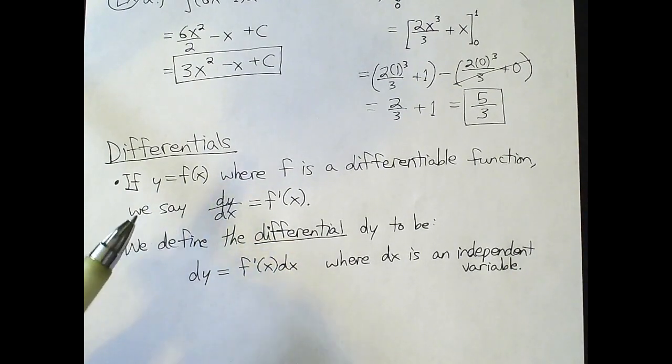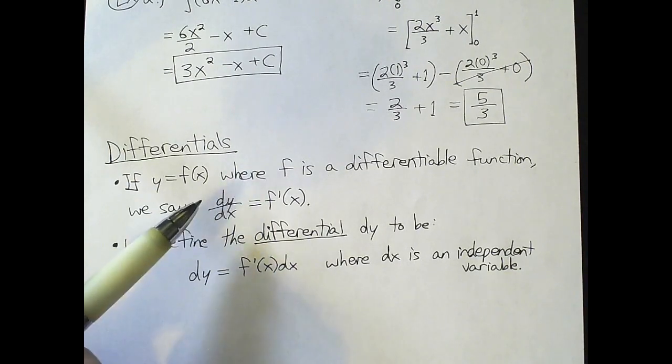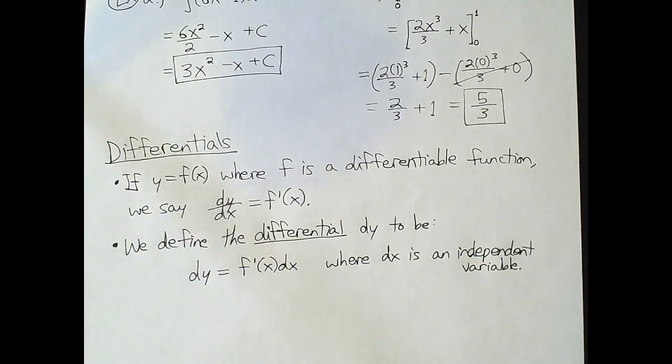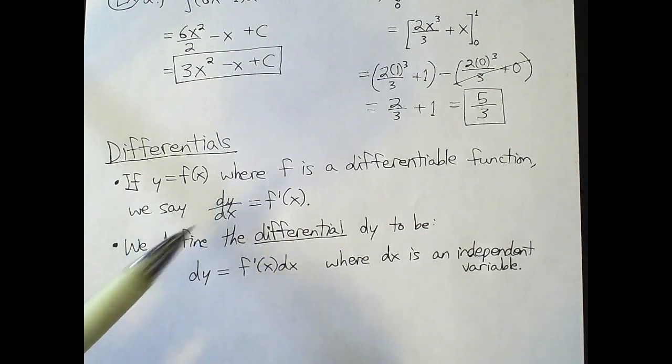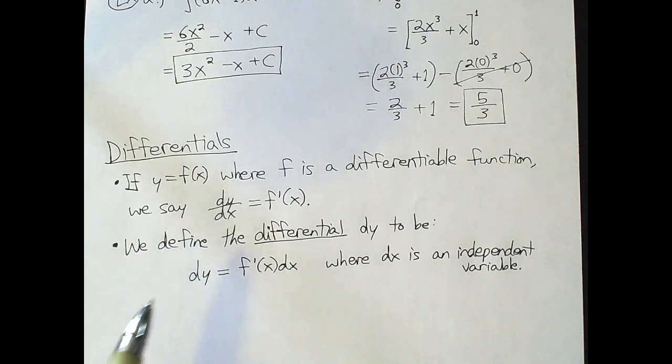Remember that when we first talked about the derivative earlier in the semester, we understood that the derivative represents slope. Slope can be thought of as change in y over change in x. Sometimes we write it as delta y over delta x. So this notation kind of made sense from that perspective.